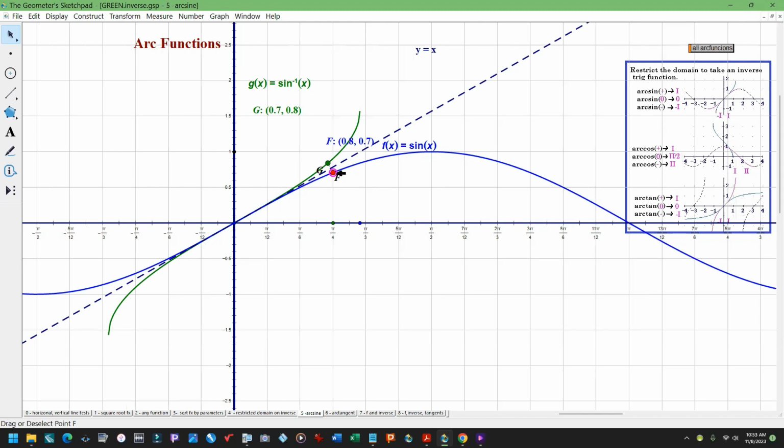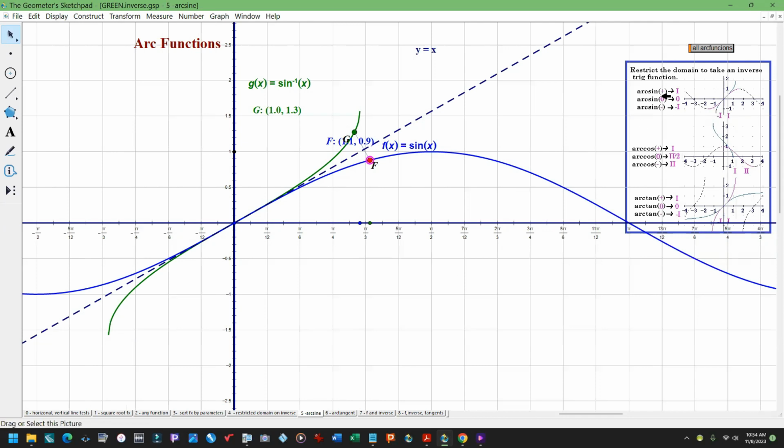I need to be able to undo positive y values. I need to be able to undo 0 y values, and I need to be able to undo negative y values.